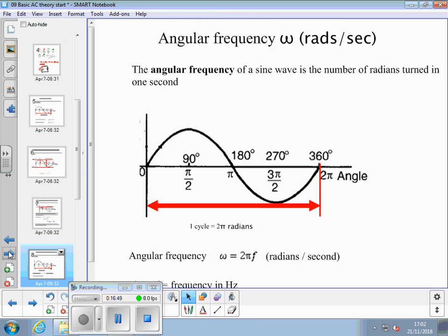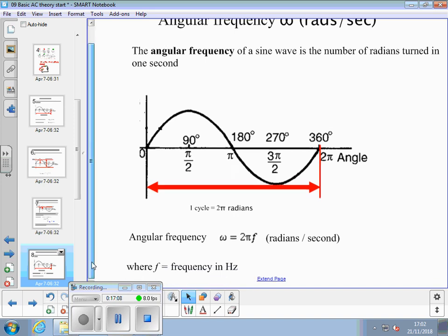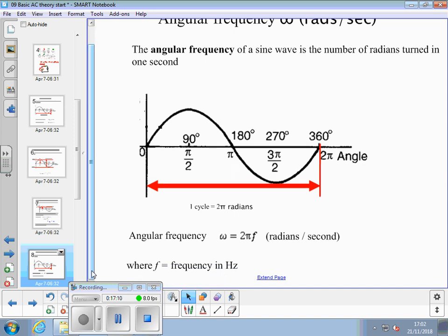Moving on from that, we have angular frequency. Angular frequency of a sine wave is the number of radians turned in 1 second. Angular frequency is designated by the Greek letter that looks like a W, but a lowercase omega, and it's equal to 2 pi times the frequency.